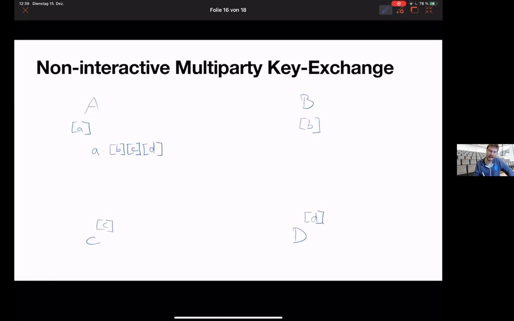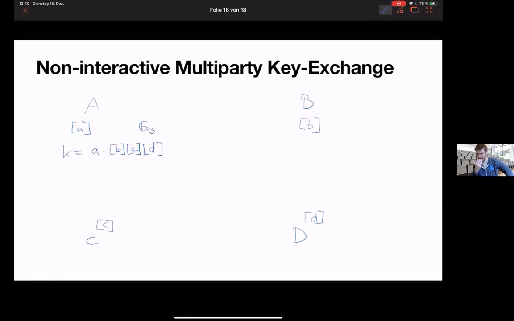So we are ending up, so to speak, on a third level with this. And now she can set this key here, right? Ending up in, let's maybe call this group G3.